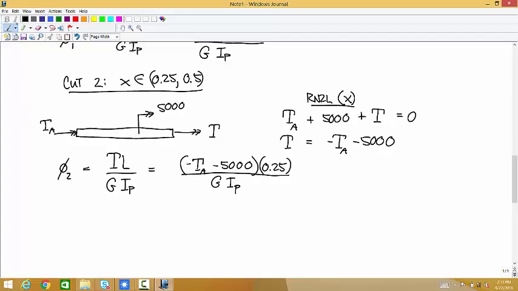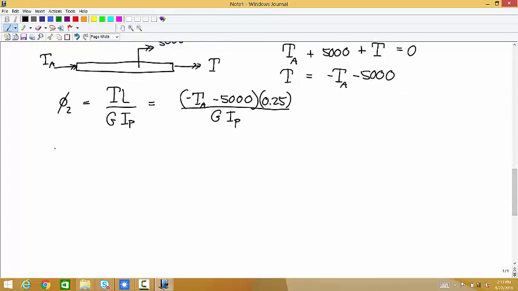And so now we can combine those two pieces. The total angle of twist is equal to the angle of twist for piece 1 plus the angle of twist for piece 2, and those have to add up to 0.